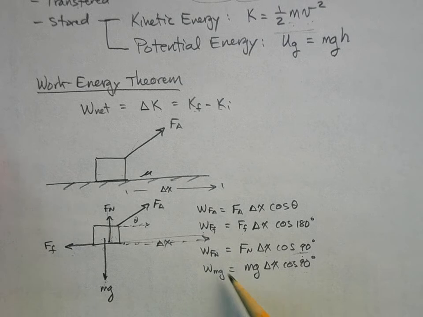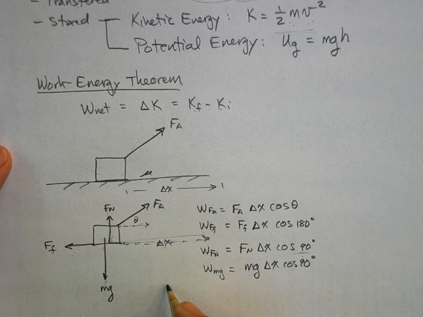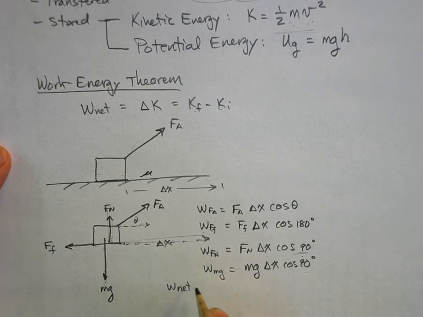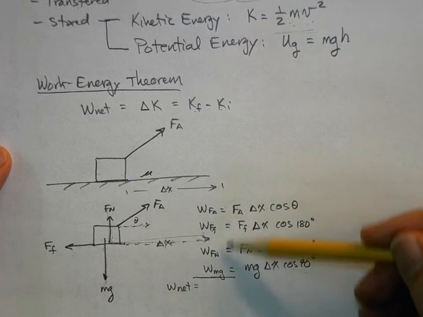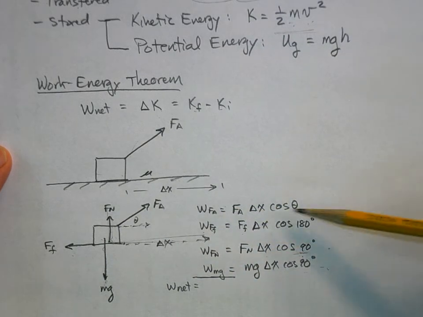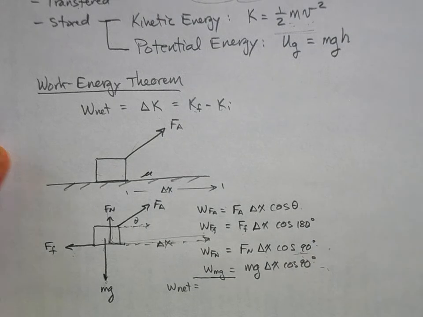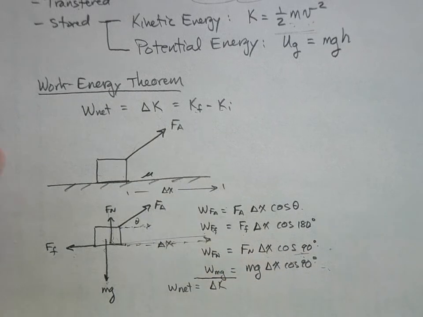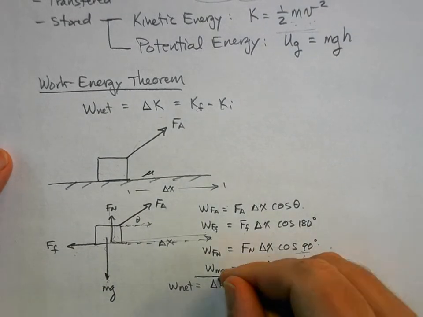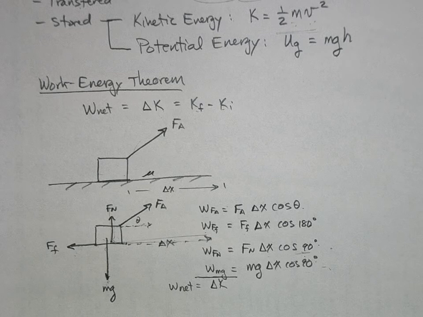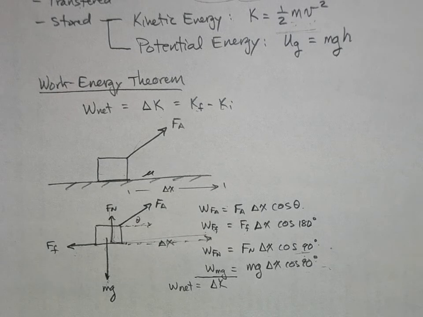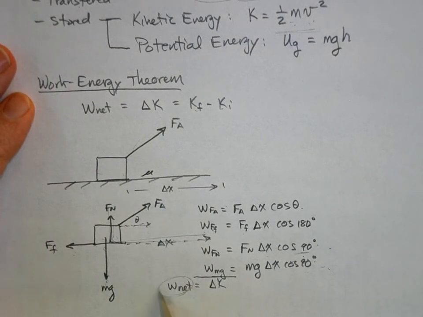So now, what is the net work done? The net work done is equal to the sum of all of these. So if I were to add this work plus this work plus 0 plus 0, I would get the work done by the net force, and that of course would be equal to the change in kinetic energy of the crate. So that would get us back to the work energy theorem. So you can do that. So there's a couple of ways of figuring out what the net work is.